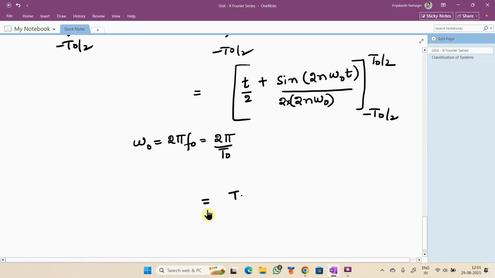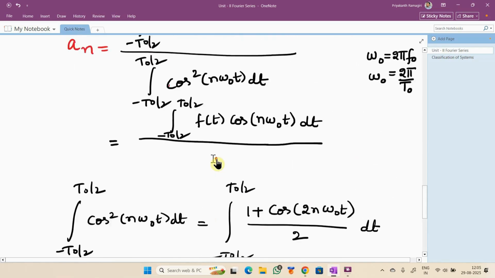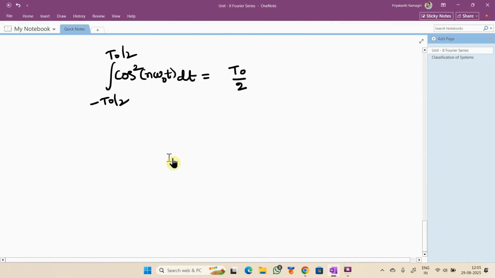Yes, you will get T naught by 2. So the denominator, integral minus T naught by 2 to T naught by 2 of cos square of n omega naught t dt, gives a result of T naught by 2. So this result I am using here to write it as T naught by 2. Now can you please tell me what is the final An?